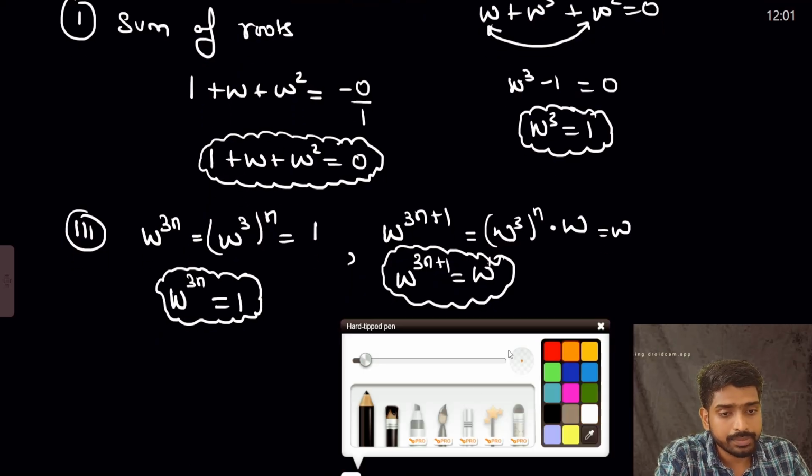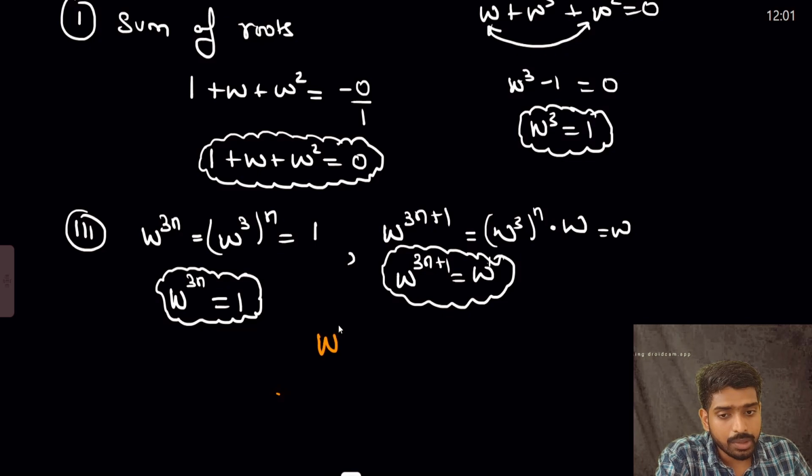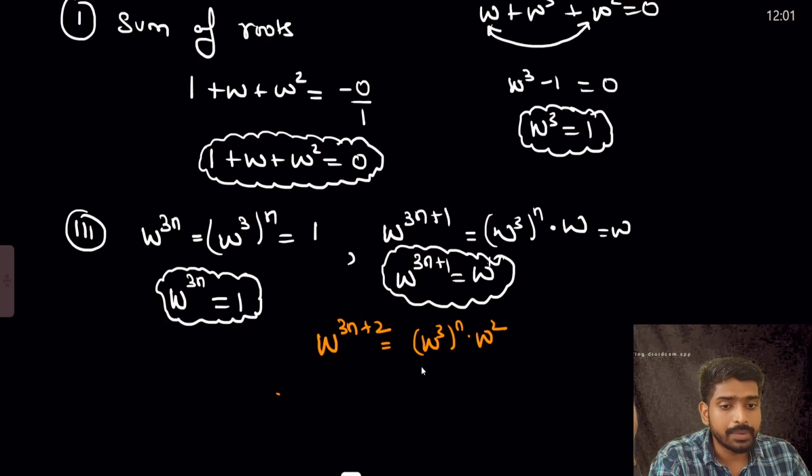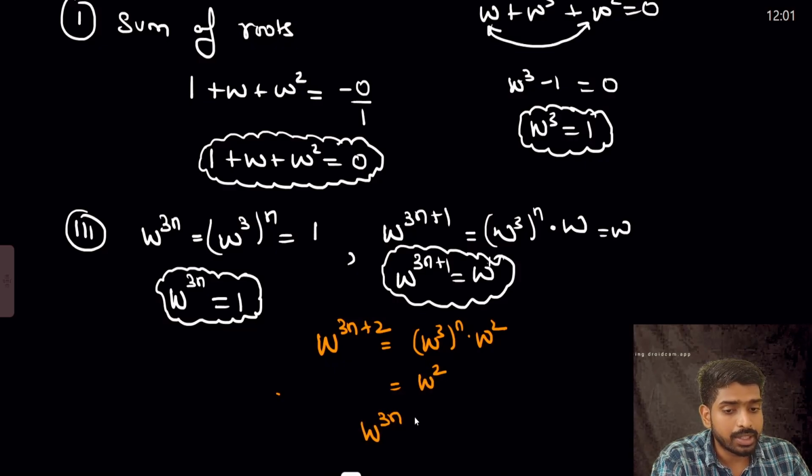What is omega to the power 3n plus 2? Omega to the power 3n plus 2 I can write as omega cube to the power n multiplied by omega square, right? Omega cube is 1, 1 to the power n is 1, so omega to the power 3n plus 2 is omega square.